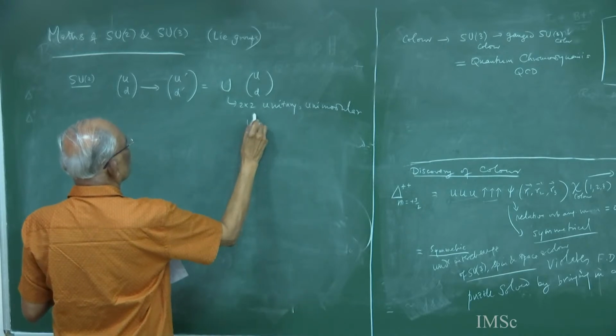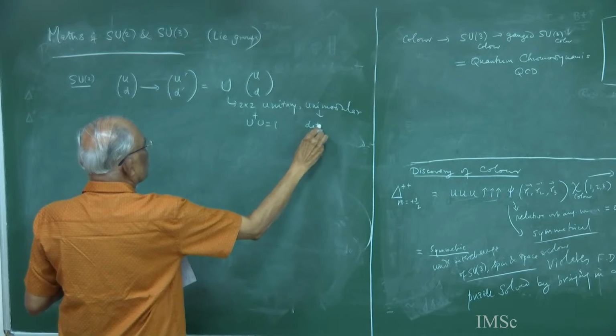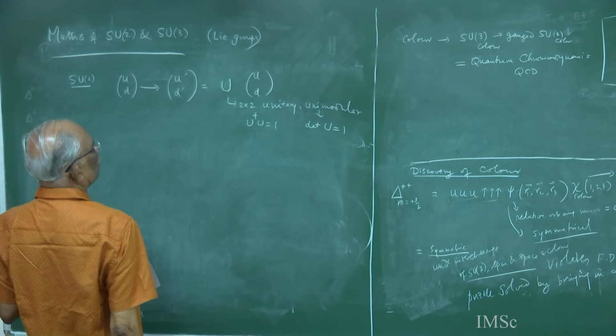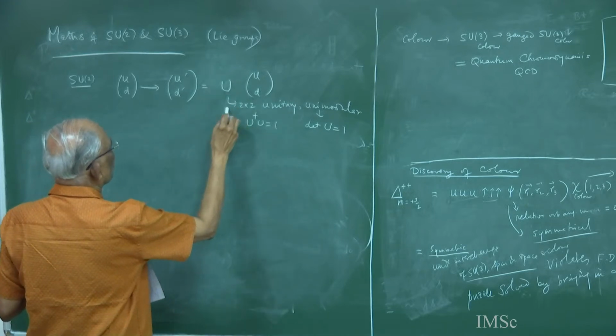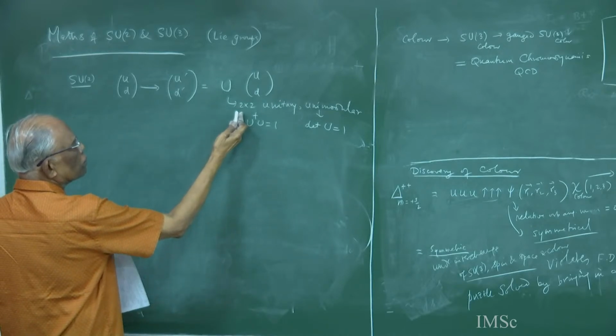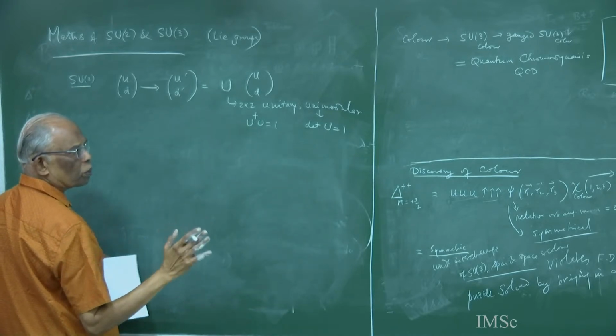Unitary, you know, U dagger U equal to 1. Unimodular means the determinant of U is 1. The set of matrices in 2 by 2 space which are unitary and unimodular form a group. They satisfy all the group postulates.